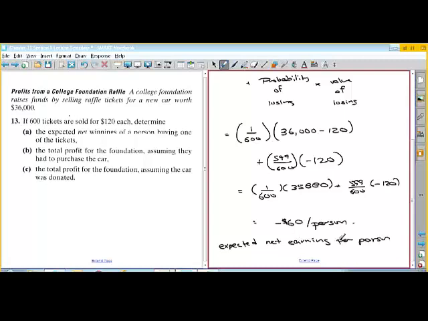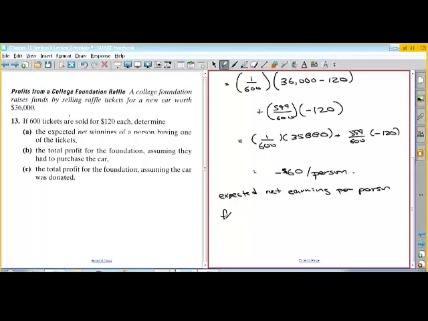Earnings per person for the foundation equals plus $60 per person. And then to find the profit, we'll say just the total profit is just equal to the profit per person times the number of people.